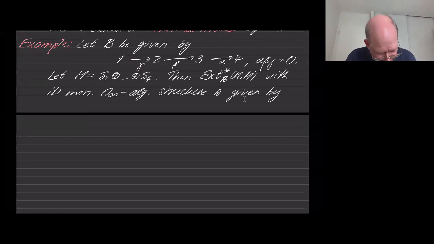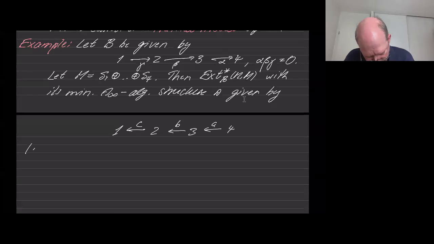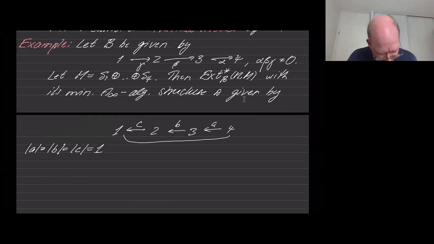Namely, the vertices remain the same. Then we have this is the Ext quiver. We have extensions A, B, and C of degree 1. So these are the elements, the 1-extensions corresponding to the arrows. And then we have another arrow E, which corresponds to the 2-extension. It's in degree 2.